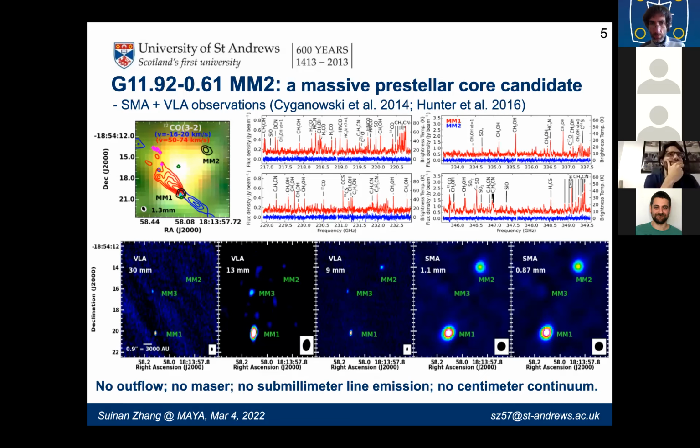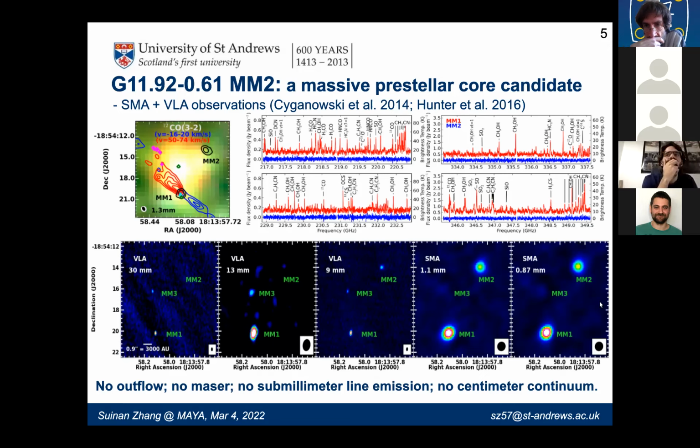The magenta crosses are showing the locations of the class I methanol masers, while the green diamonds show the locations of class II methanol masers, and the cyan diamond here shows the class II water maser. The top right panel is showing the comparison of the molecular species of MM1, the proto-O-type star, and MM2 detected with SMA. And the bottom left panel is showing the centimeter observations taken with VLA.